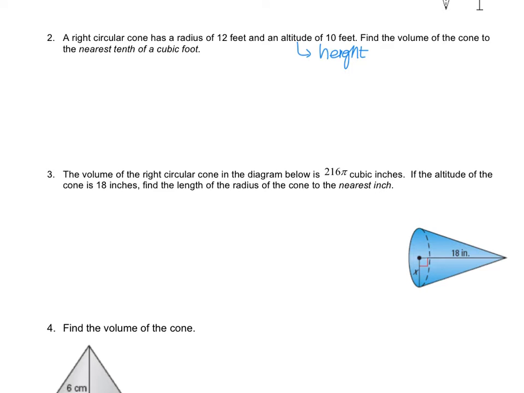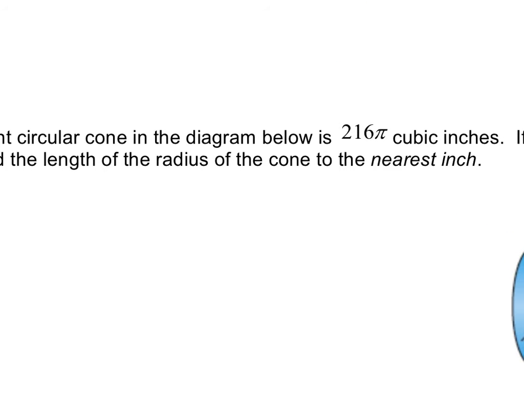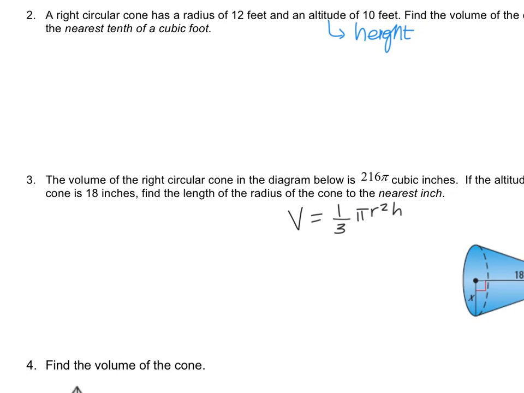Number 3, it says the volume of a right circular cone in the diagram below is 216 pi cubic inches. If the altitude of the cone is 18, find the length of the radius of the cone to the nearest inch. So you're going to have to end up solving a multi-step equation. So remember, I'm just going to jump right into it. Your formula for a cone is V equals 1/3 pi r squared h. I'm going to help make the substitutions.